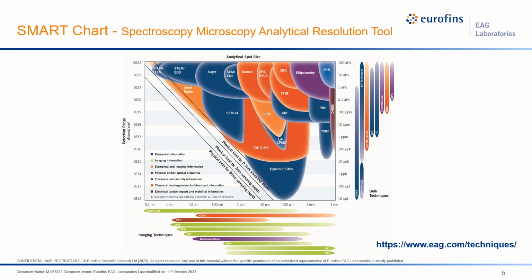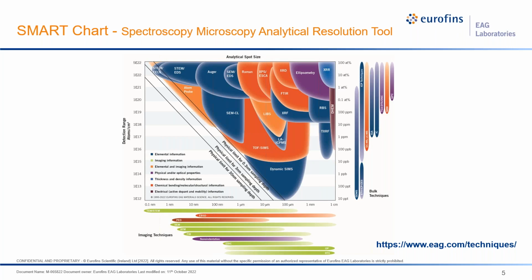On the right side of the chart are the techniques that are more bulk techniques, like GCMS, so they really have no effective spot size. And on the bottom are techniques that are more imaging. And there's also a color code.